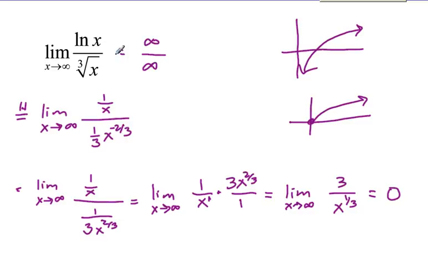So just to walk through this again, we used L'Hopital for the first step, but then we rewrote this x to the negative 2/3 with a positive exponent down here. Then I divided this fraction by the reciprocal of that fraction, and then I took my two fractions and I simplified, subtracting my exponents, knowing I had more x's down here. And remember, when I have x in the denominator here getting bigger and bigger, my fraction goes to 0.